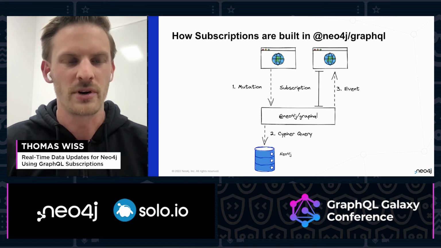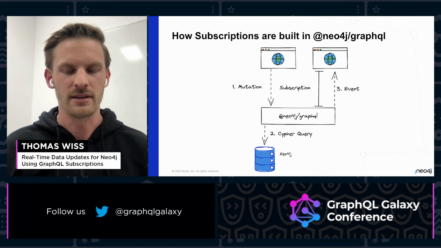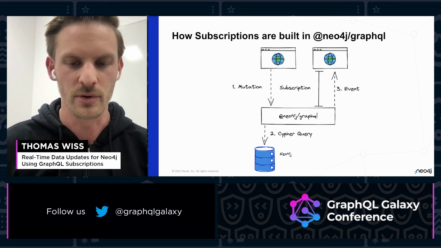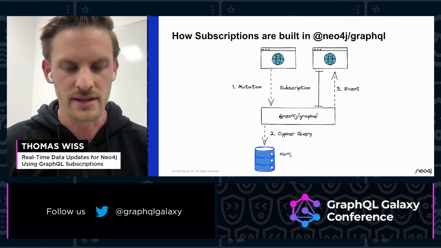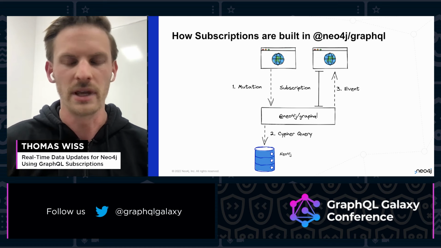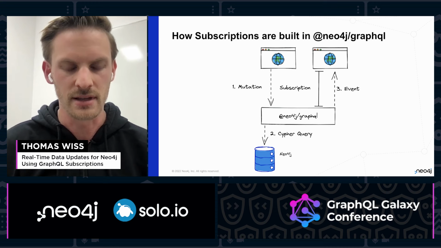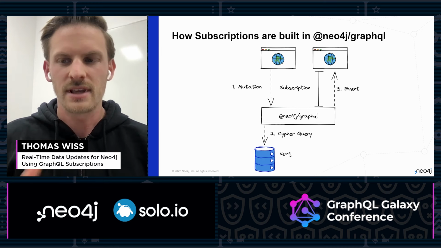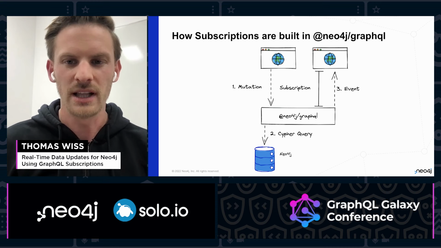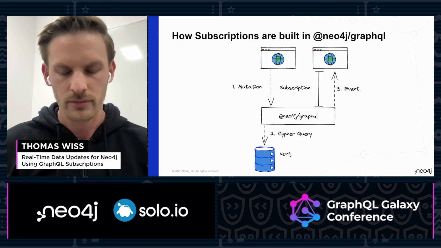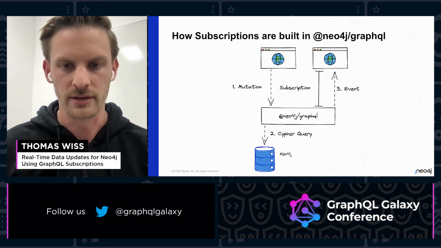Let's go a level deeper and have a look at how it's implemented using the Neo4j GraphQL library, where the library is the instance in the center, and there will be a couple more of those pictures, so it will always be the same, the instance in the center. In this setup, we have a client on the right-hand side who subscribed to an event.